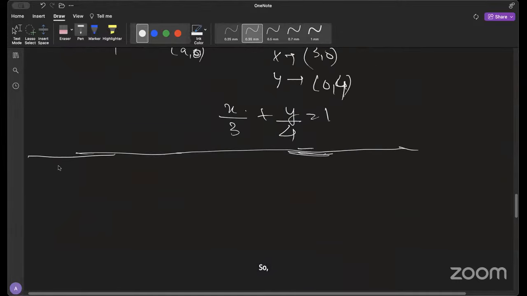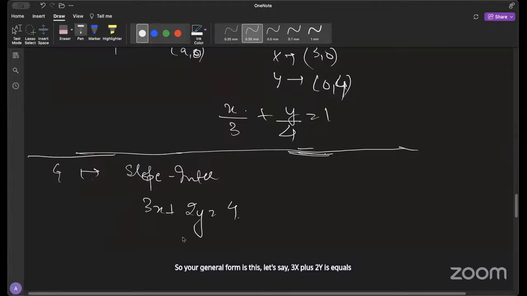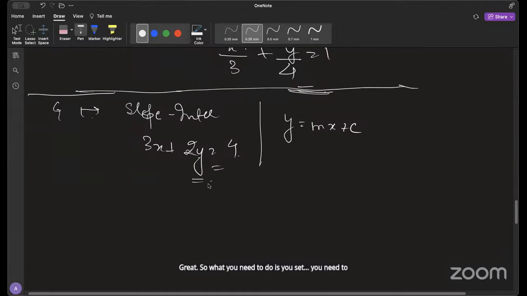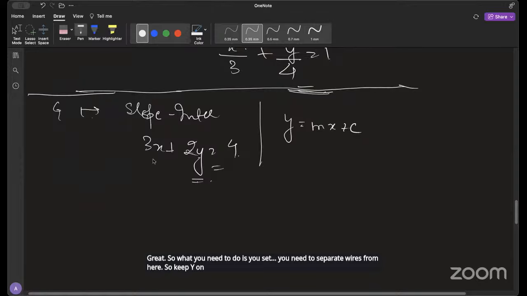If you have to convert from the general form to, say, the slope-intercept form, your general form is this, let's say 3x + 2y = 4. All you need to do is make this equation look like this. So separate y: keep y on this side and take everything else to the other side.